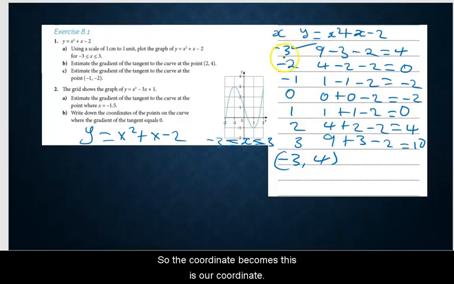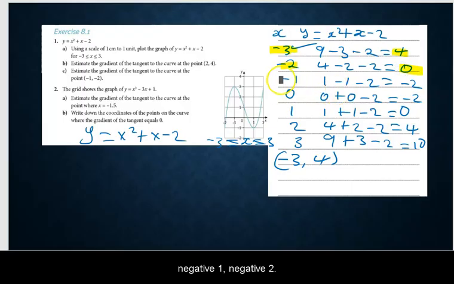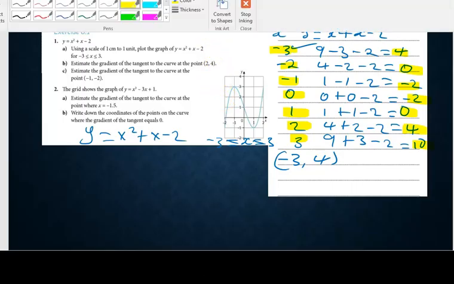So this is our coordinate: negative 3, 4, negative 2, 0, negative 1, negative 2, we have 0, negative 2, we have 1, 0, we have 2, 4, we have 3, 10. So those are our coordinates.